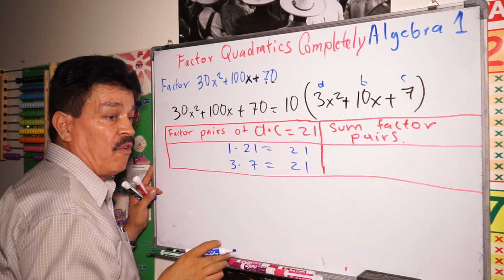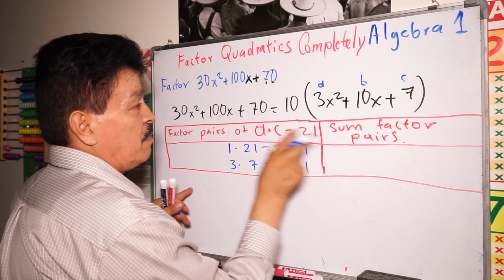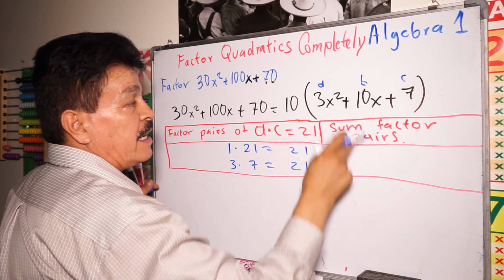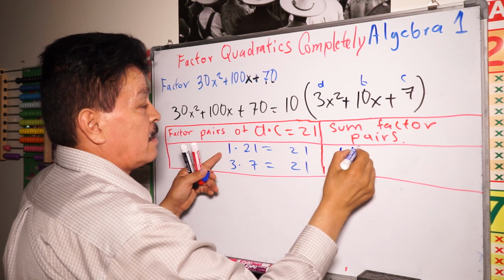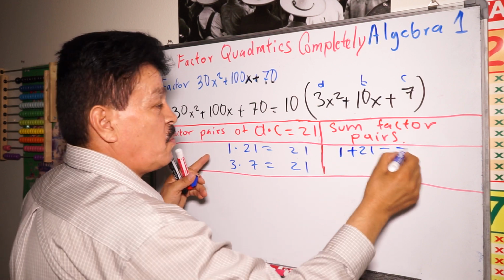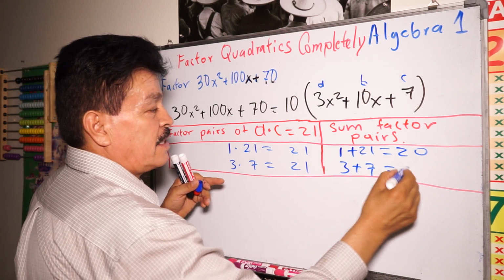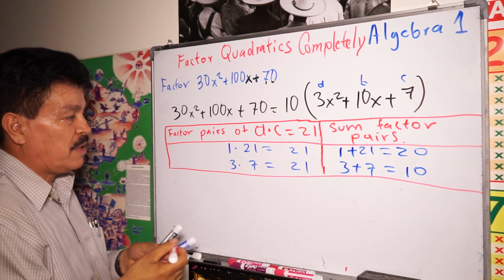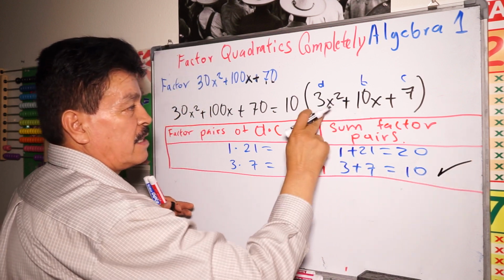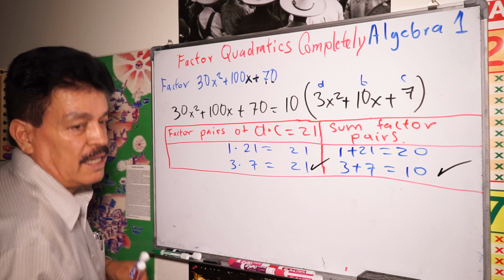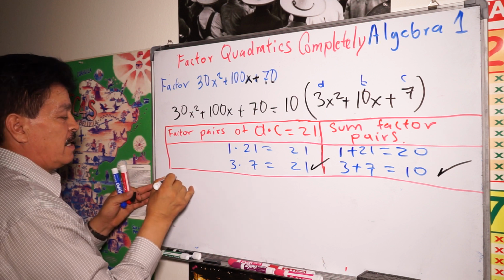Remember the formula: when you multiply those numbers it must be 21, and when you add them it must equal 10. Here 1 plus 21 is 22, and 3 plus 7 is 10. So the right ones are 3 and 7, since 3 times 7 is 21 and their sum is 10.